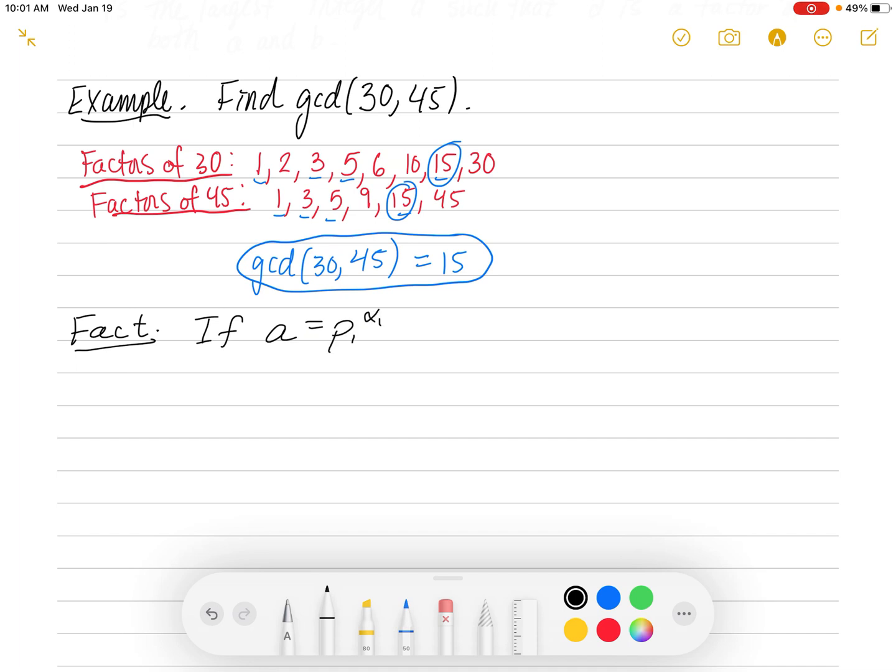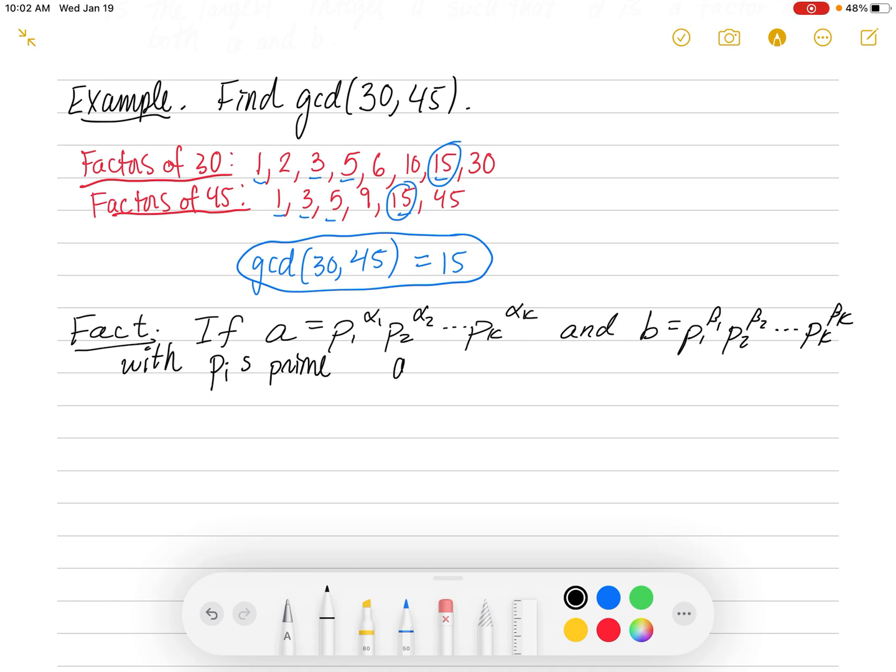For example, if A has a prime power factorization of p1 to the alpha 1, p2 to the alpha 2, through pk to the alpha k, and B has a prime power factorization of p1 to the beta 1, p2 to the beta 2, and so on through pk to the beta k, with each pi prime, and the alpha i's and beta i's are integers greater than or equal to 0. They could be 0.